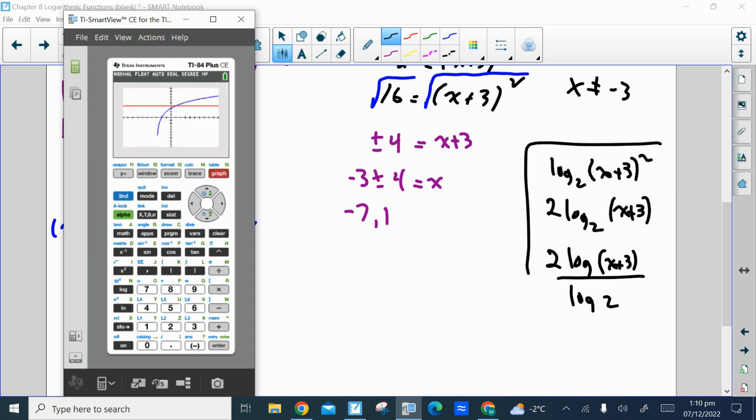Okay, so that gives us a graph where at least it looks like 1 is a point of intersection. But we still don't get the negative 7.